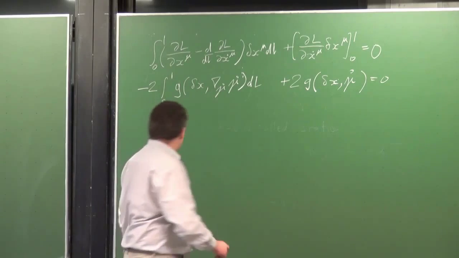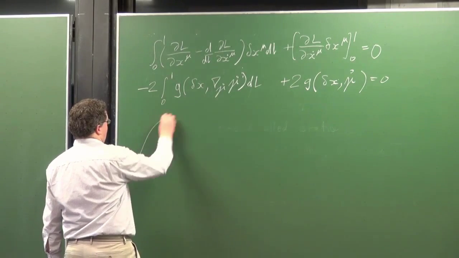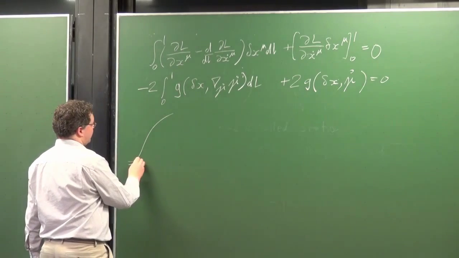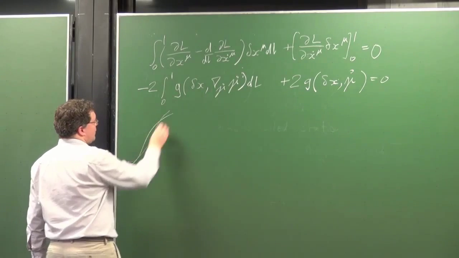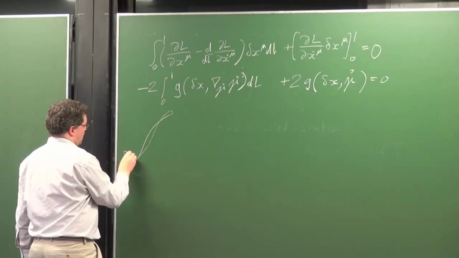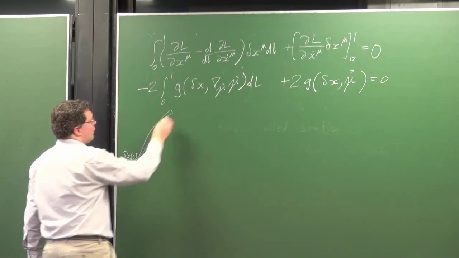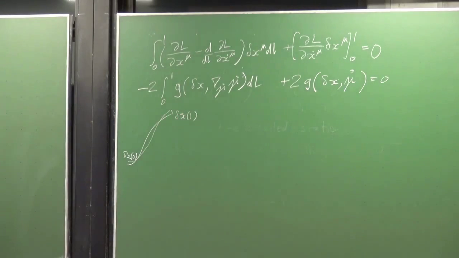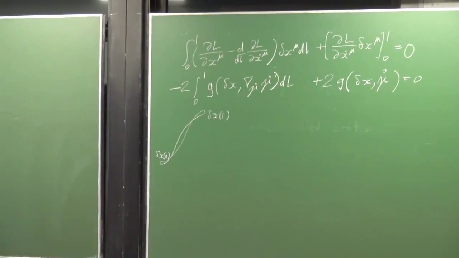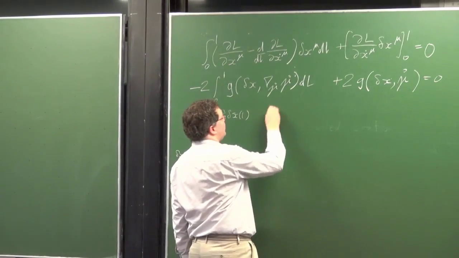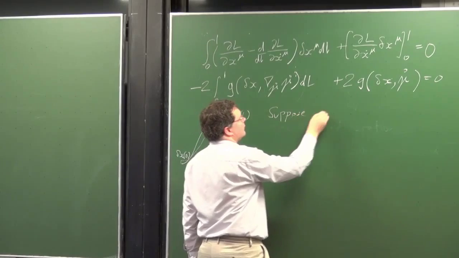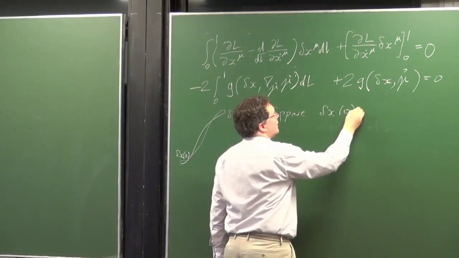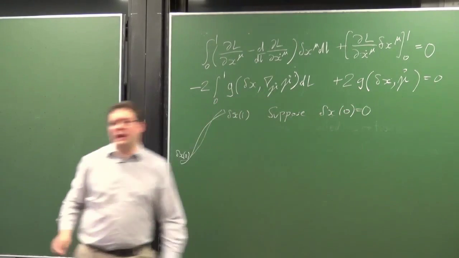So now let's make some observations. Here's our curve, and we look at variations along the curve, and there will be variations at 0 and variations at 1, the end point of our interval. Let's suppose all curves start with no variation at the beginning of our interval.